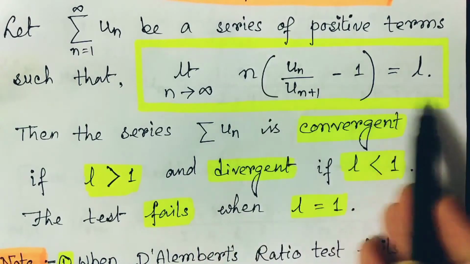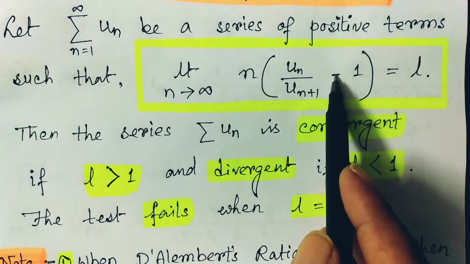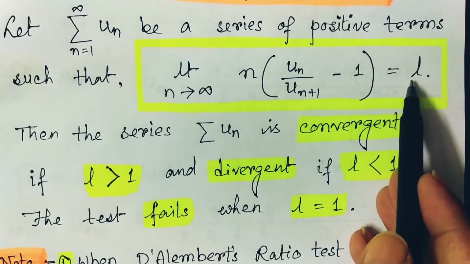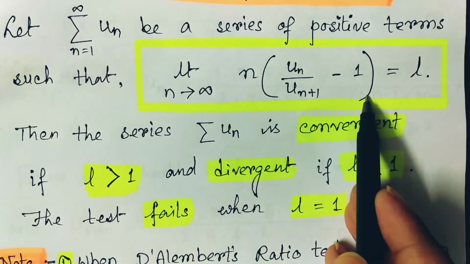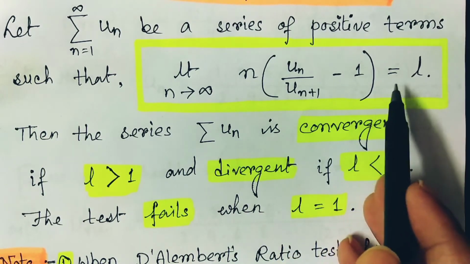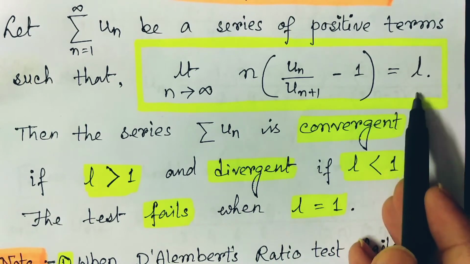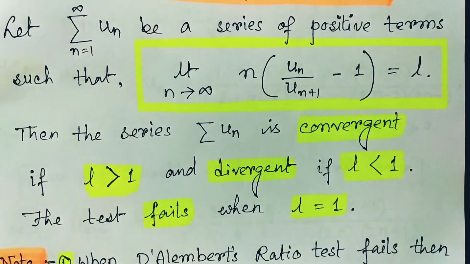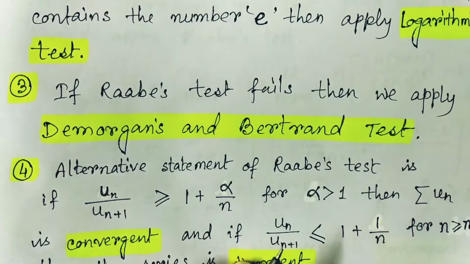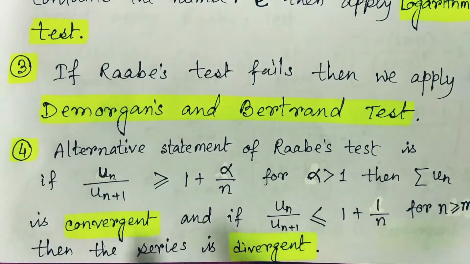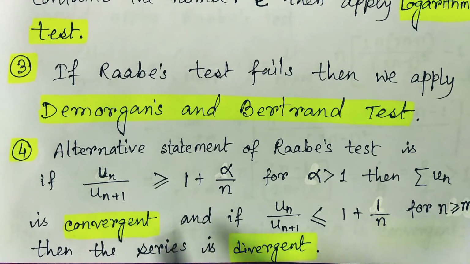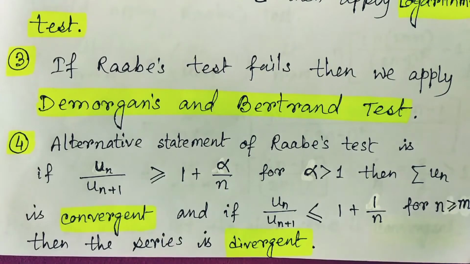So this 1 we take to the right hand side, so that un by un plus 1 is equal to, in general, 1 plus L by n, where L may be your alpha, maybe your 1, depending upon the situation. So this alternative statement comes from here. Actually this alternative statement we shall derive from the Gauss test, which is the generalized form of the different tests.